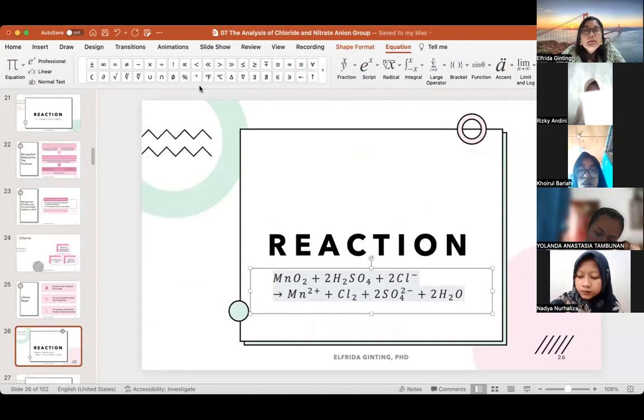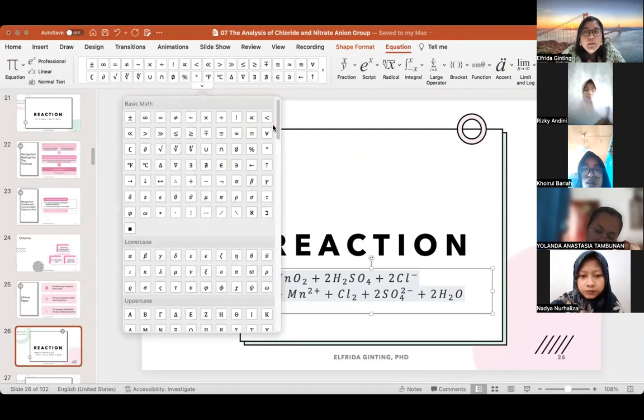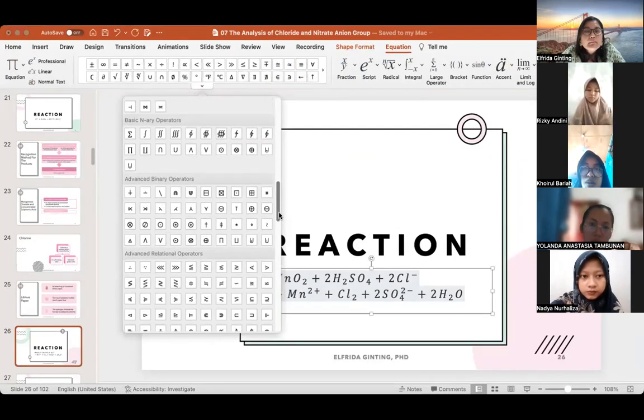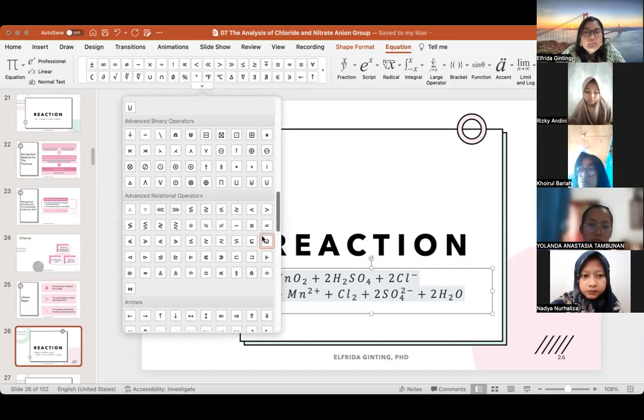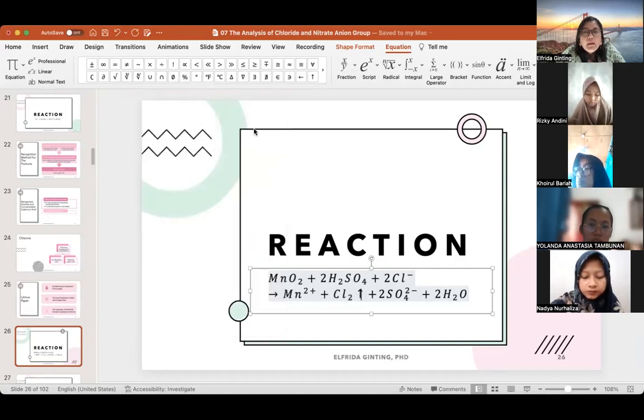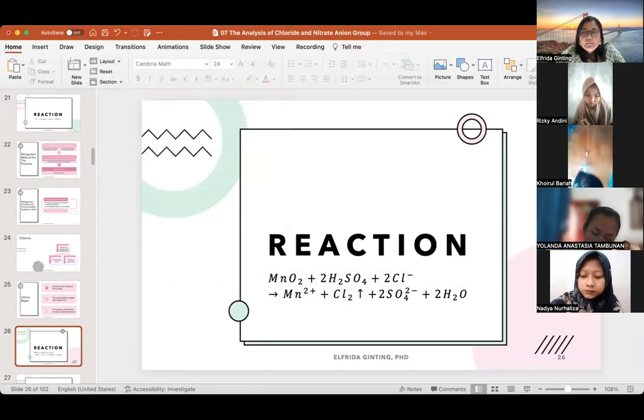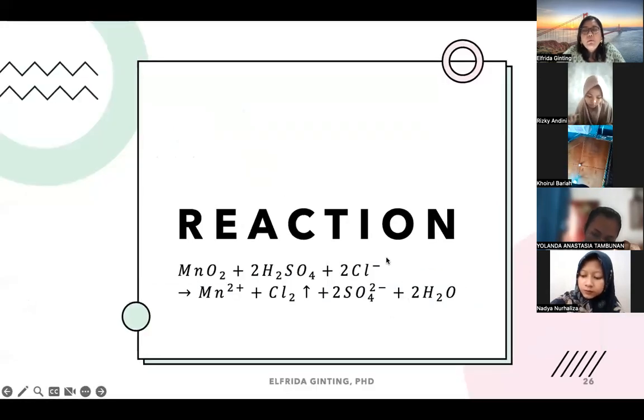The gas will be evolving, and then sulfate will be forming, and then water. So this is the reaction that we just mentioned.